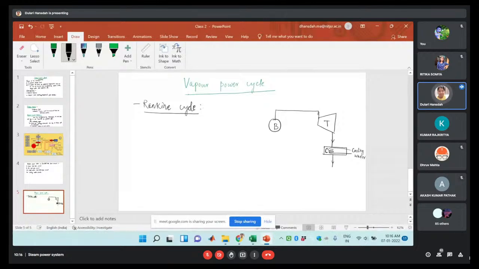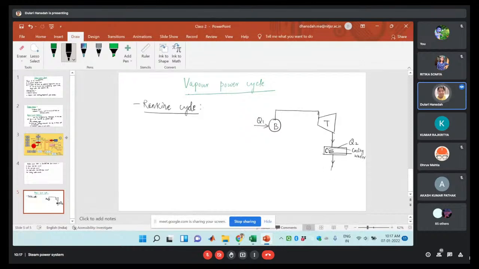In this case, the heat rejection will be there. Here it is the heat addition Q1. In this case, heat rejection will be there, that is your Q2. Heat rejection in the Rankine cycle is done at constant pressure, right? Heat addition is also done at constant pressure.